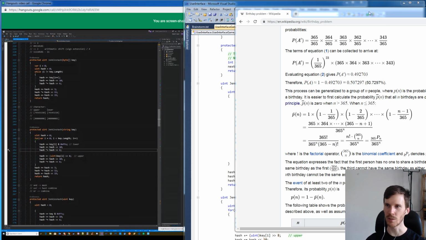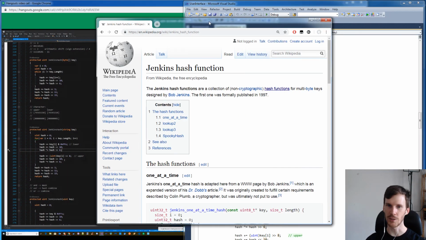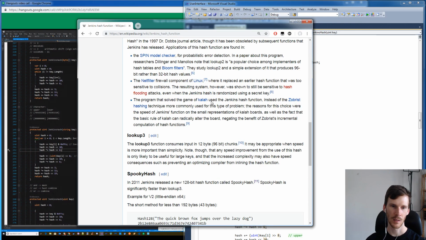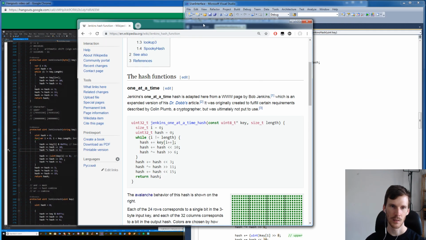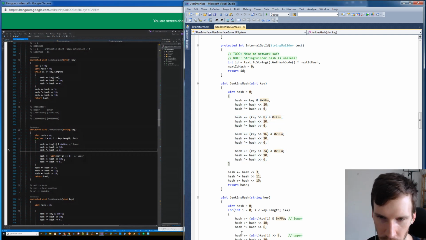So the other thing that I wanted to do a quick revision of: we implemented the Jenkins hash function, and we talked about some of the bitwise operations to make sure we've got a fairly good handle on what those are.